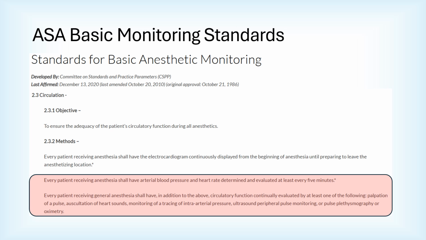Per the ASA Basic Anesthetic Monitoring Standards, which were last affirmed December of 2020, every patient receiving anesthesia shall have arterial blood pressure and heart rate determined and evaluated at least every 5 minutes.